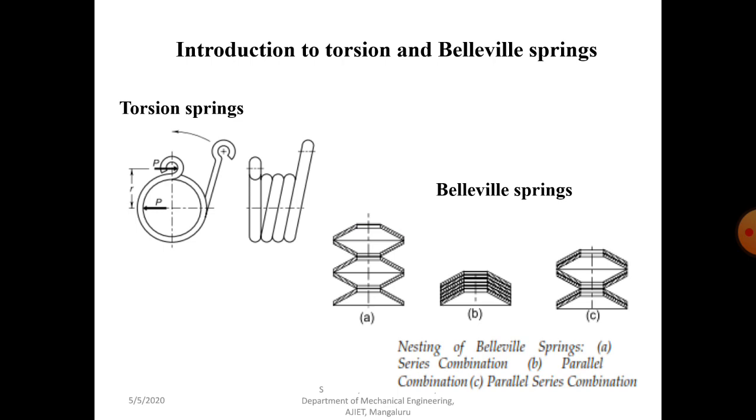There are no direct steps, so I will tell you how to design a helical spring. What are the factors you have to consider if you solve one problem? Most of the problems are similar. So while solving the first problem, I will explain all the design procedure with respect to helical spring.